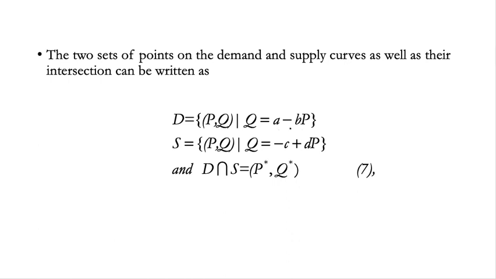Q equals to A minus BP. And supply is actually a set of combinations of price and quantity in which quantity is evaluated at minus C plus DP. And in equilibrium, these two sets must be equal or intersect each other like this, such that it gives us equilibrium values for price P star and also Q star.